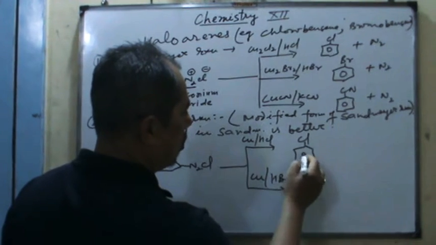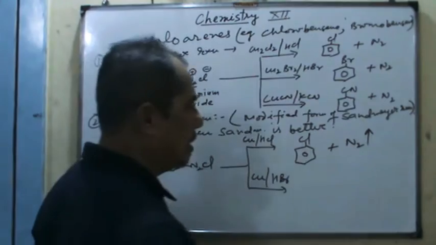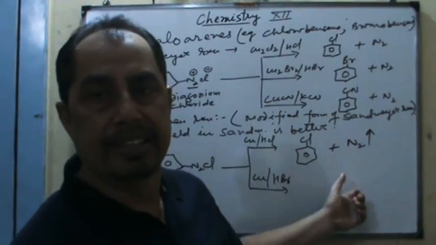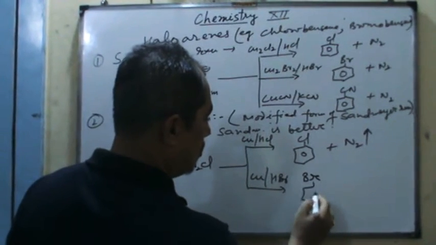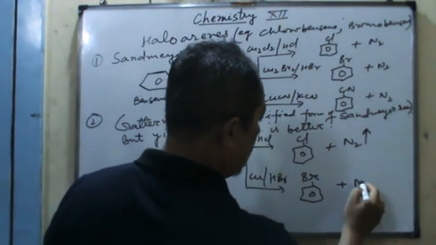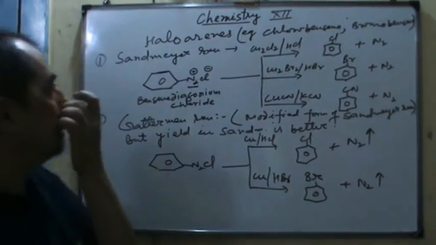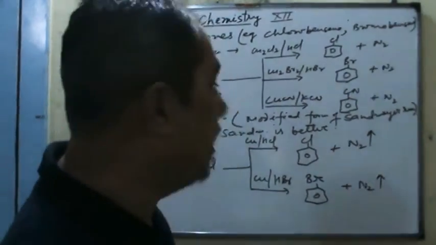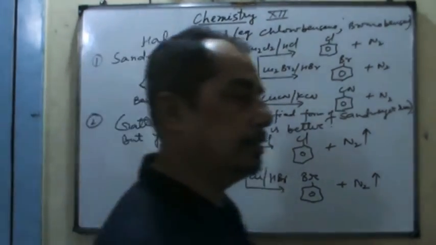Only two products are obtained by the Gattermann, and in all cases nitrogen gas is liberated. That is why with HBr it is bromobenzene and N2 gas is again liberated. So there are two methods that help in preparing these compounds, the Sandmeyer reaction as well as the Gattermann reaction.